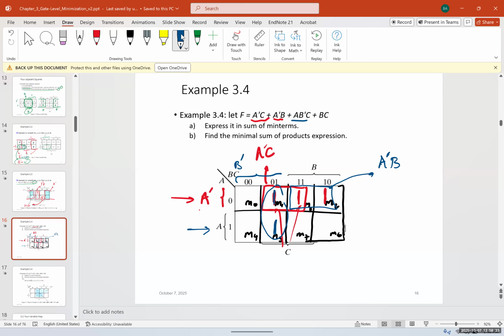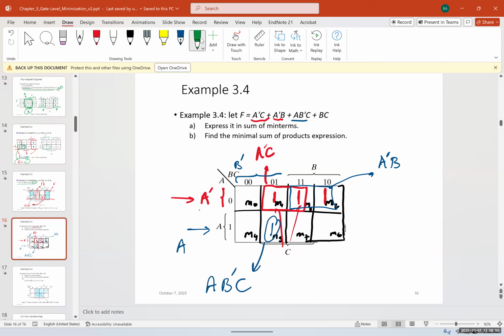So these 2, I'm sorry, it's just this one, because it's a, not a prime. So this goes to the previous one. I did a small mistake. And a b prime c is this one over here. So this is a b prime c.